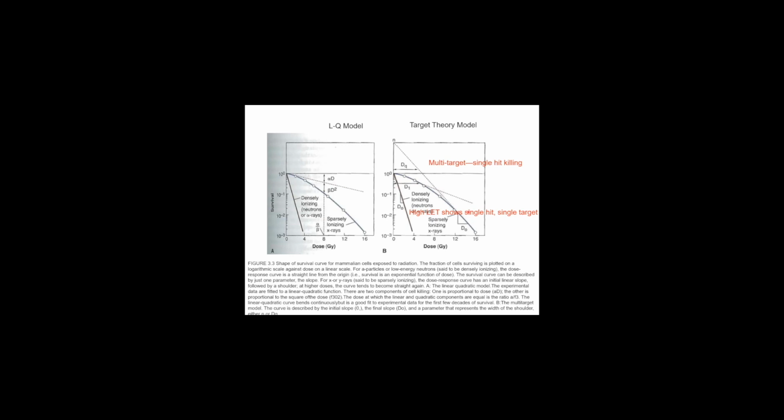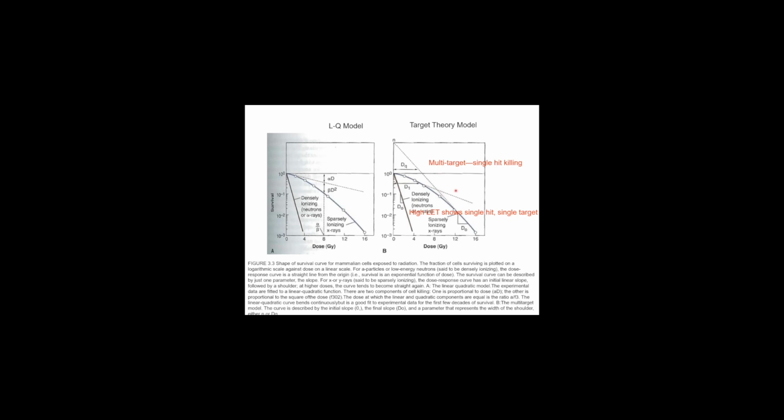So when we get into tissue effects later, we're going to tend to see a focus on alpha beta ratios. But we're going to focus on D0 and target theory model much more when we talk about cells and culture.